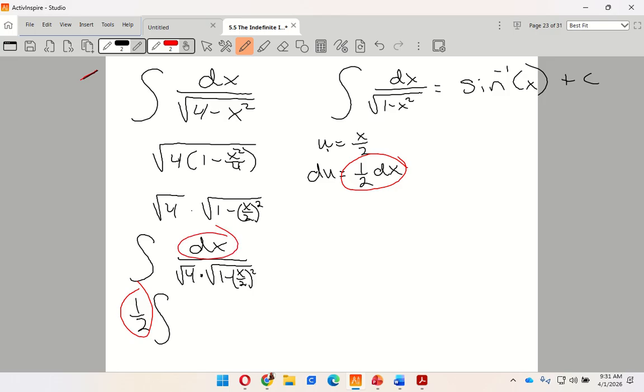Okay, so as I rewrite it, it's now going to be integration of 1 over... the 1/2 went away, right? 1/2 went away because I took that with my dx. And I'm left with just the du, and now I'm left with just that, right?